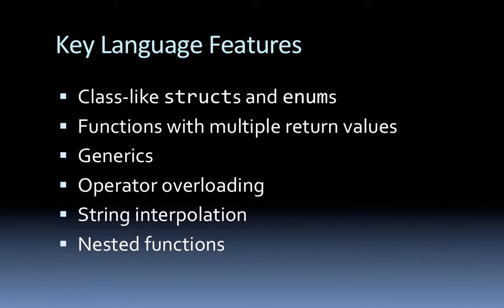If you would like an array of employees instead, you specify that at the time that you create your array, and Swift will then ensure that that array only is able to store employee objects, and any time that you try to grab a value out of that array, it will give you back your employee objects. So generics are a very nice way to simplify your code because you can write that code once for all types generically instead of writing separate cases for every individual type you wish to process.